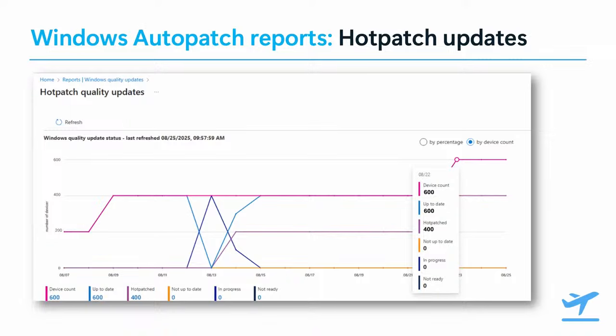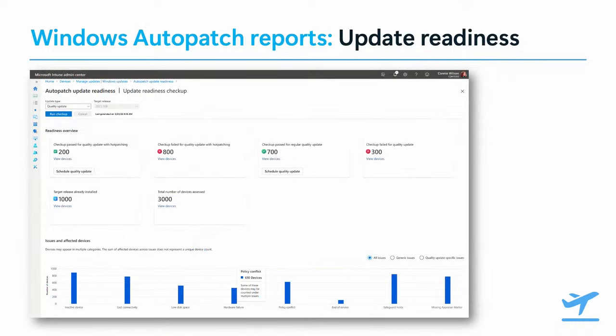In this view, you'll be able to see your total device count, how many of those devices are up to date, how many of those were Hotpatched, how many are not up to date, in progress, or not ready for the update. Currently in preview, there is an Update Readiness Autopatch report. Update readiness checkups help IT administrators understand their complex and largely dynamic environments with the time-consuming parts of understanding deployment status.